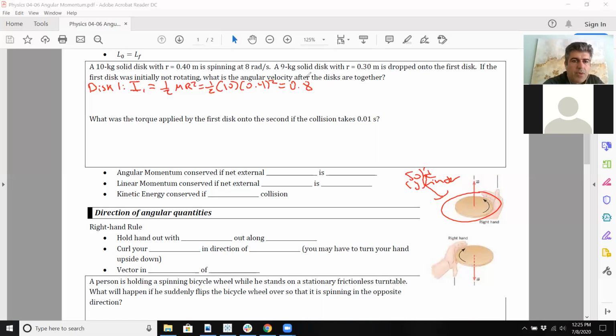And then for disk 2, let's get that inertia out of the way as well. And that's going to be 0.45.